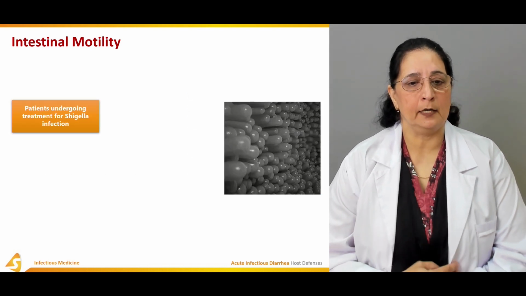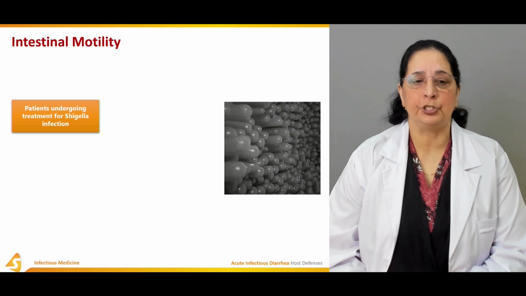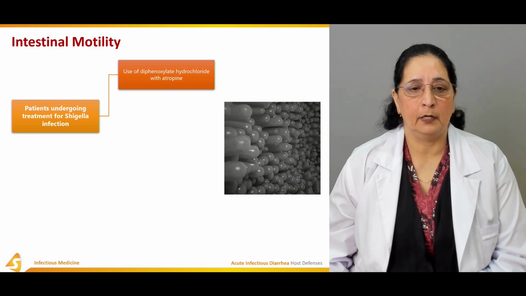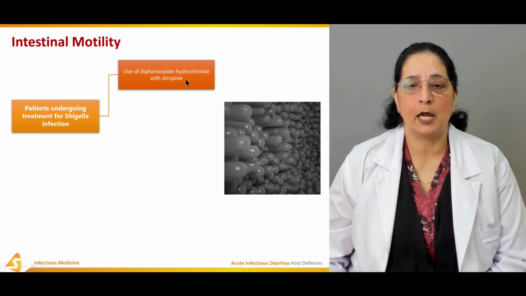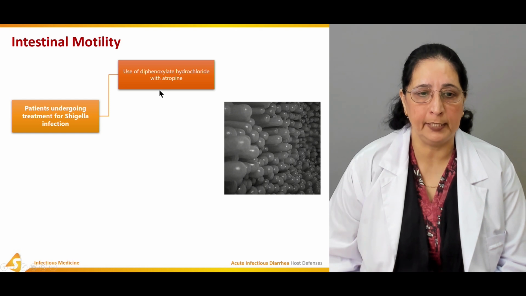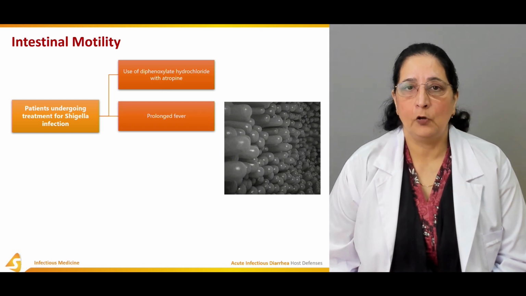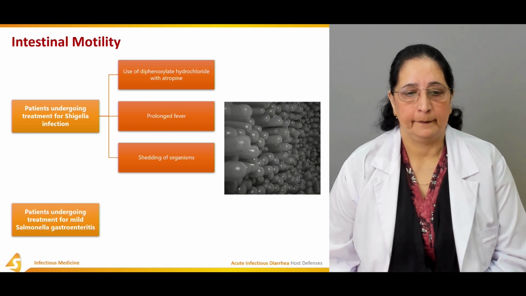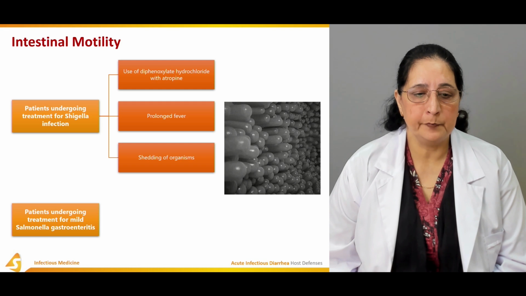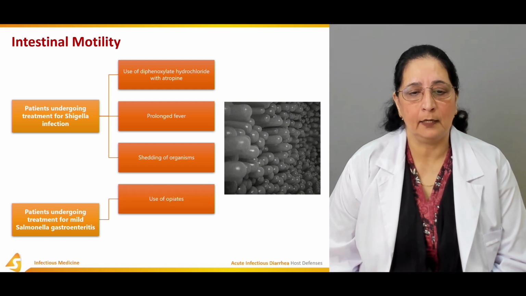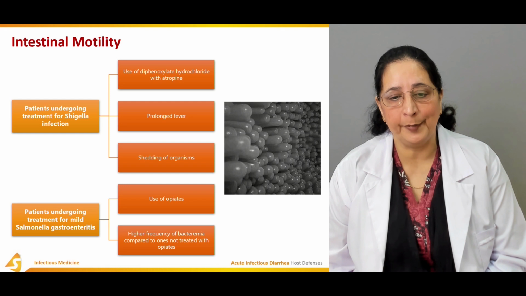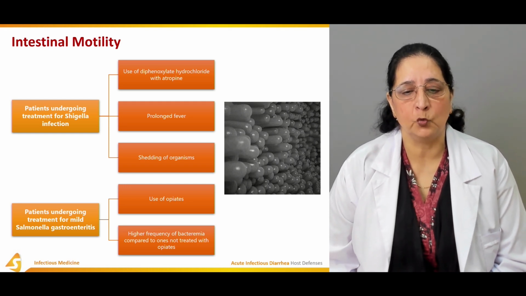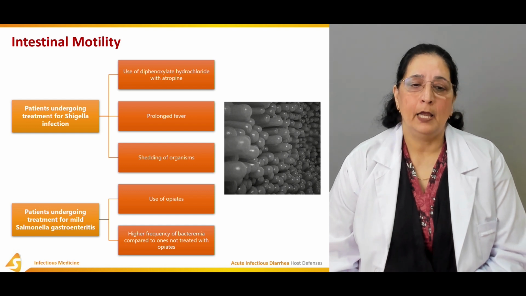Next, patients undergoing treatment for Shigella infection with diphenoxylate hydrochloride with atropine have prolonged fever and shedding of organisms. Patients undergoing treatment for mild Salmonella gastroenteritis with opiates have a higher frequency of bacteremia compared to those not treated with opiates.